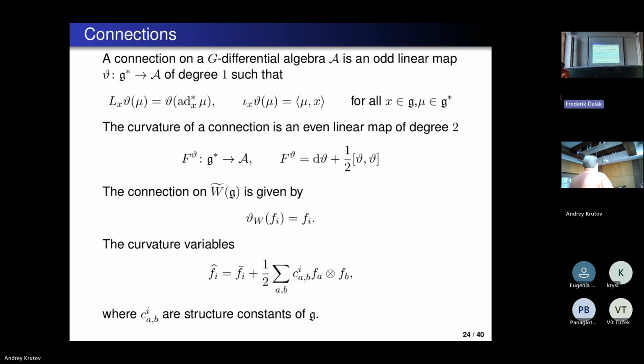And I believe this construction can be generalized for any L infinity algebra instead of this. So you have a differential as one product, a bracket that has two products, and so on. It's just a set of Maurer-Cartan equations.